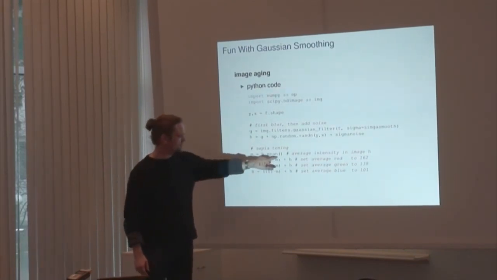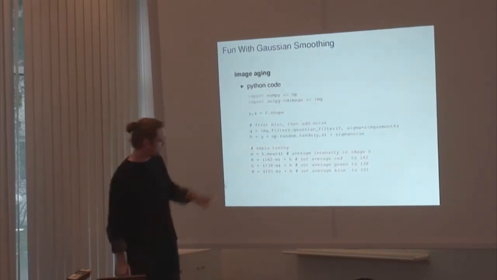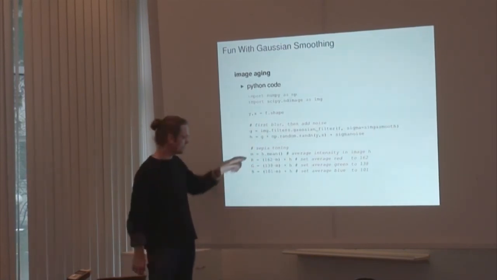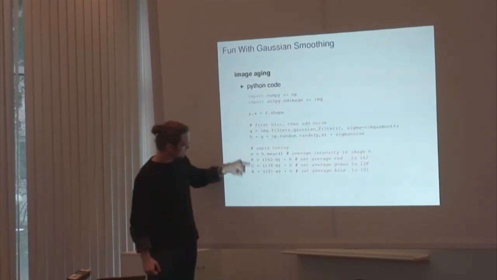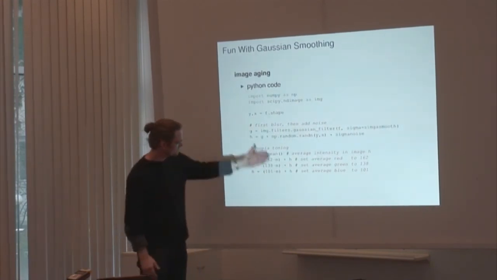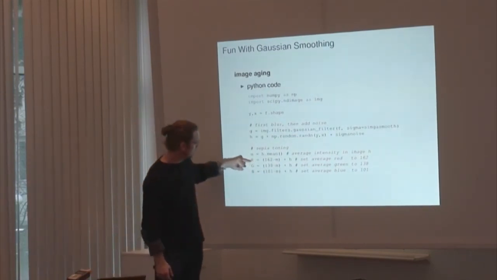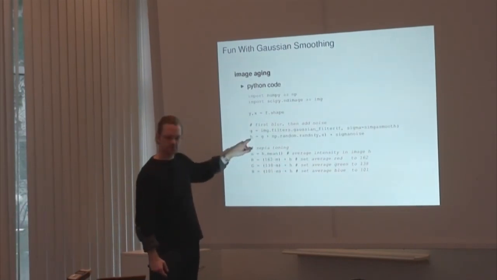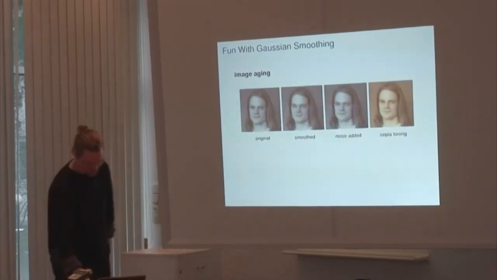It has an average intensity, mean, and I want to turn this average intensity for the red channel into 162. So either I have to add or to subtract something to our current mean in our noisy image H. And for the 3 different color channels, I have different target average intensities. This gives us a way of setting the average intensity in the red, green, and blue channel given the noisy image we have here to these 3 values. Okay, this gives us this.